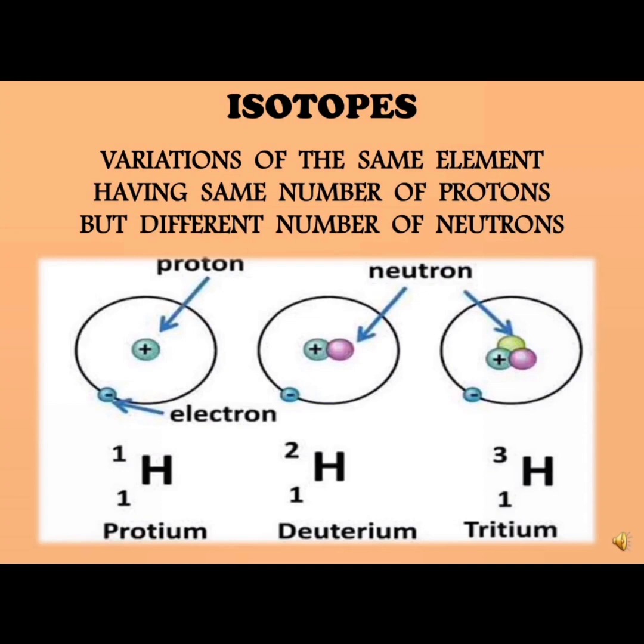And in the third diagram, you have one electron, one proton, but you have 2 neutrons. So this atom is called tritium. So although all these 3 atoms are hydrogen atoms only, since they have different number of neutrons, that is why they are called isotopes of hydrogen.